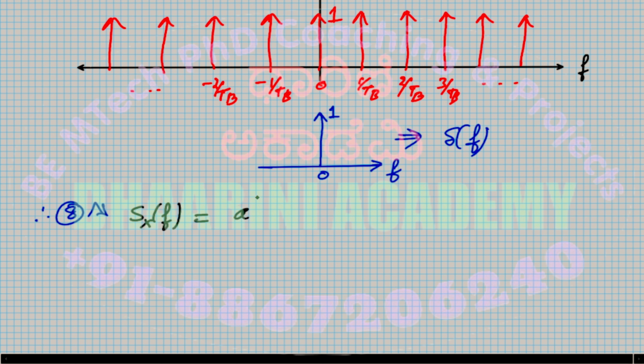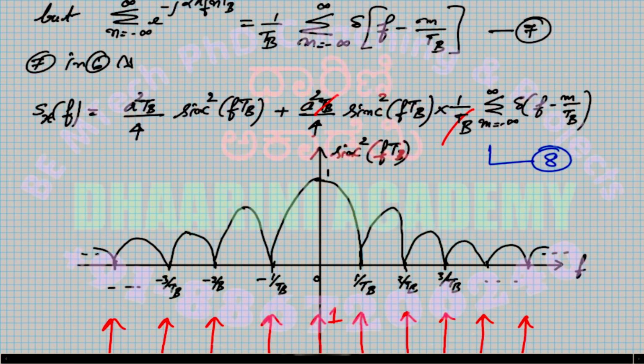That is A squared Tb by 4, where Tb is capital T, A squared Tb by 4 into the sinc squared of f Tb, plus only the second term has a simplification.